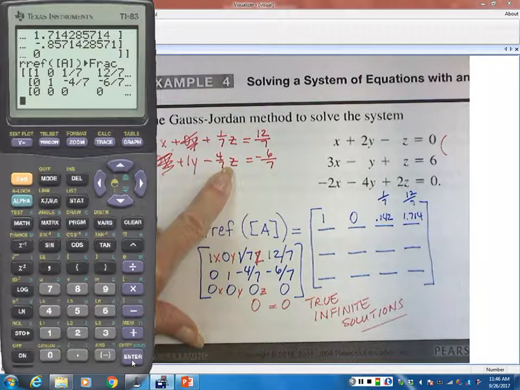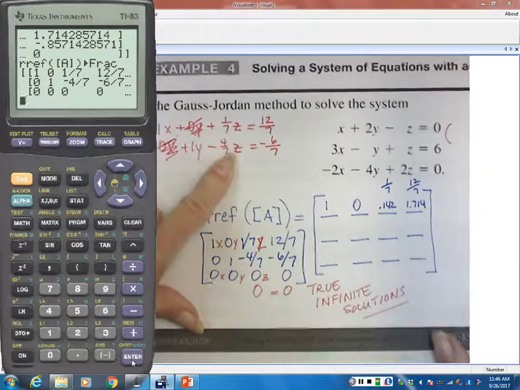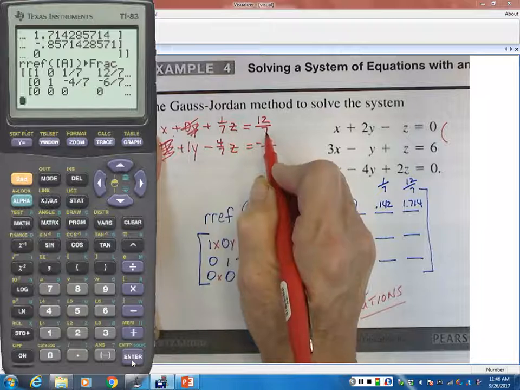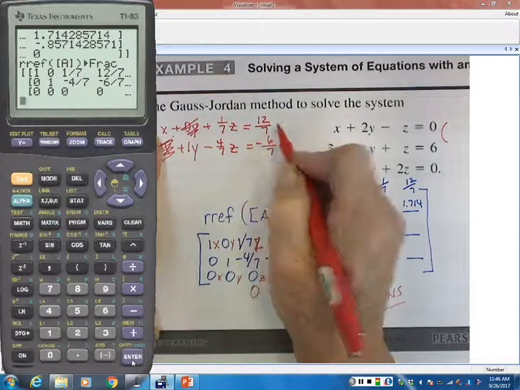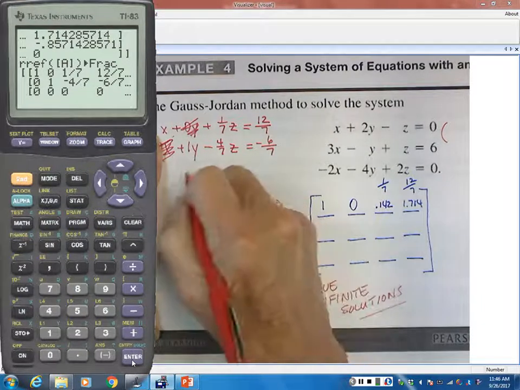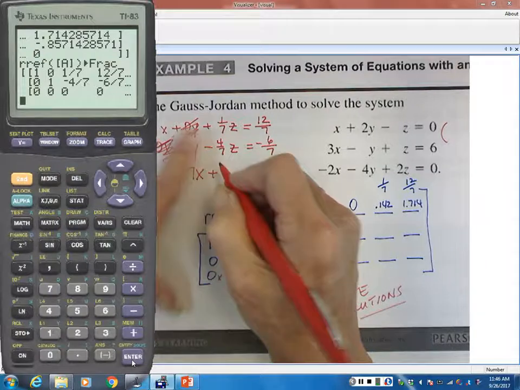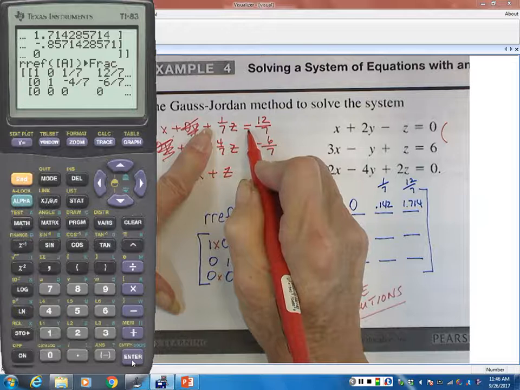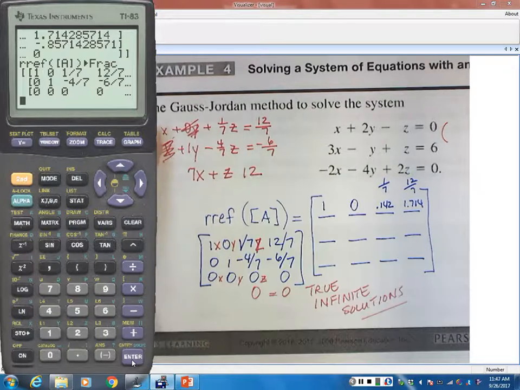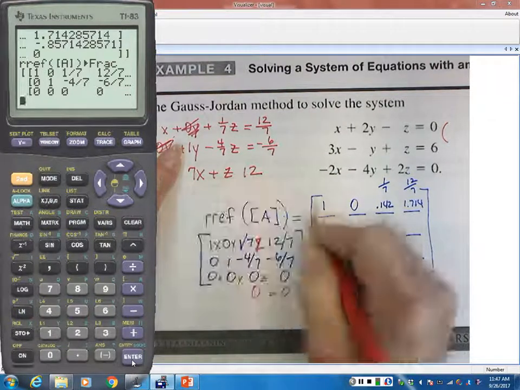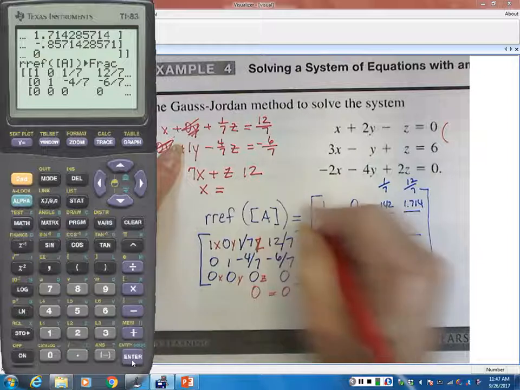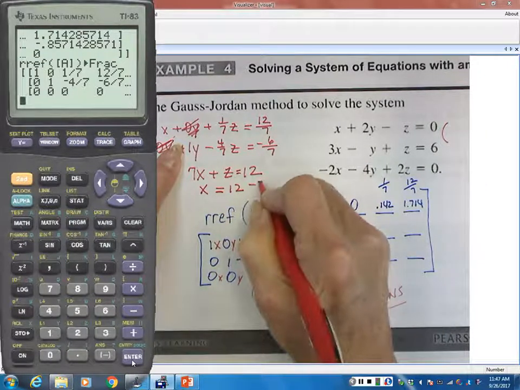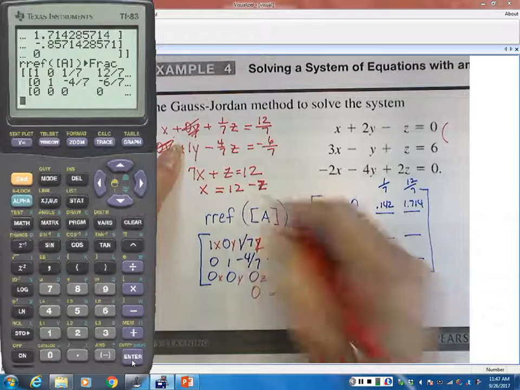We can choose some values for z. And the way you do this is you take the fact that you have x plus 1/7 z equals 12/7, multiply through by 7. 7x plus 1z is equal to 12. So that means then that x is equal to 12 minus z, divided by 7.